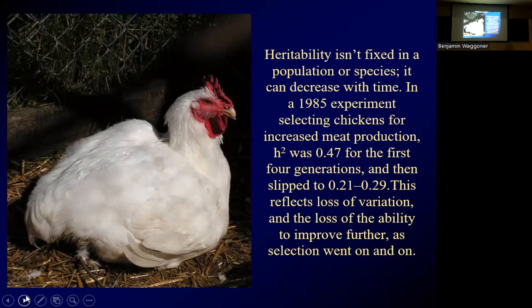So if you're a breeder, your ability to select depends on there being variance in the population. But your ultimate goal is a population that doesn't have variance, where every bird is going to grow into exactly the same kind of chicken that produces exactly the same colossal amount of meat.